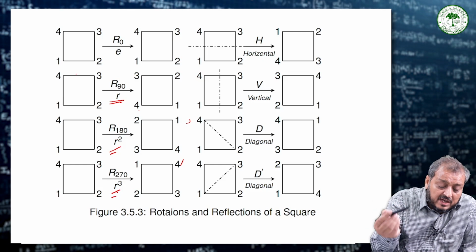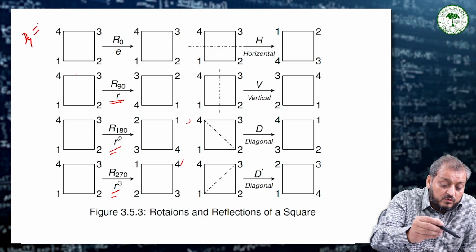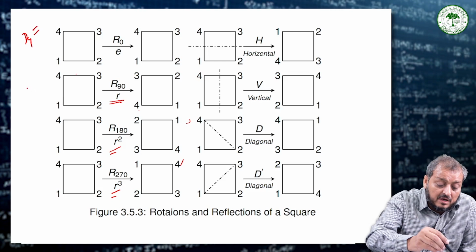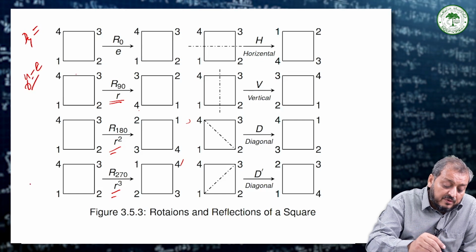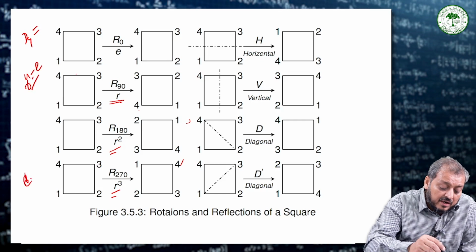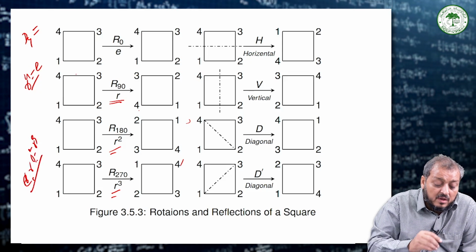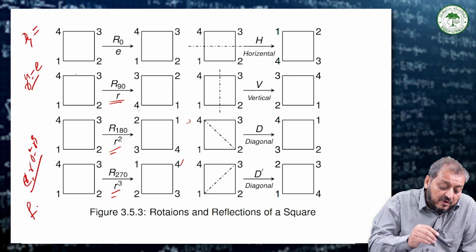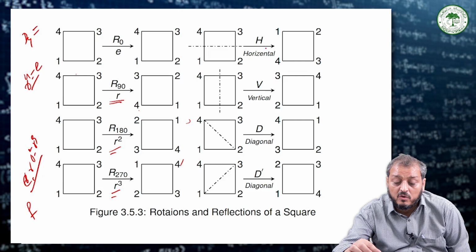Then because we are working on D4, that means after 4 rotations we get back the identity. So the possible rotations are identity, R, R square and R cube. Then we have a reflection F, which is horizontal.